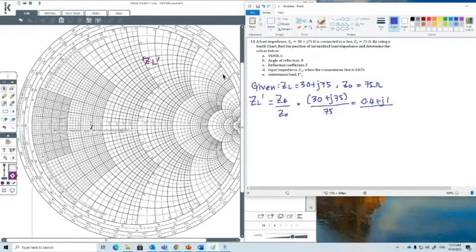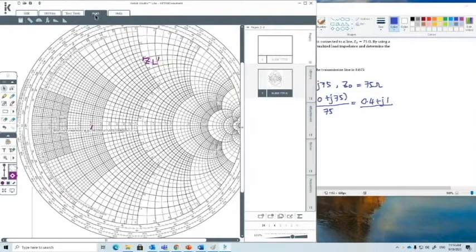Okay. Once you dah plot you punya ZL prime, next kita akan lukis kita punya VSWR circle. So in order to find our VSWR, kita kena lukis circle dia. Kita kena ambil kompas, okay, letak di bahagian center dia, right.